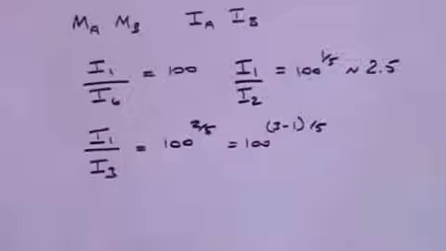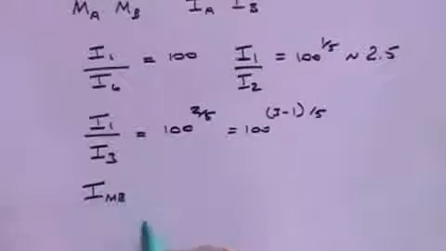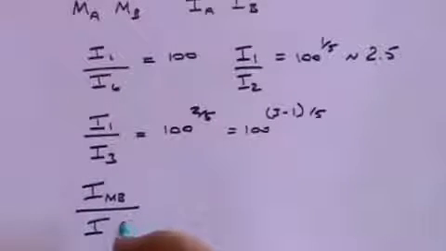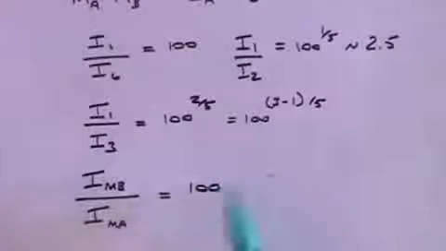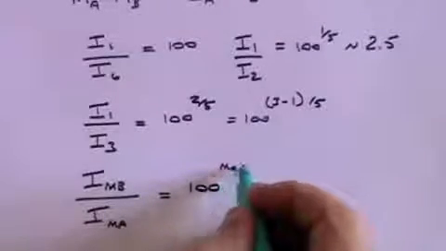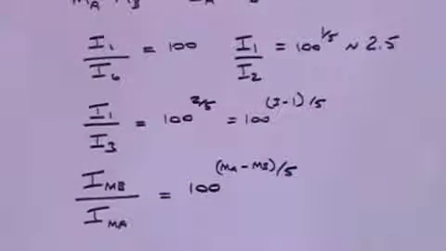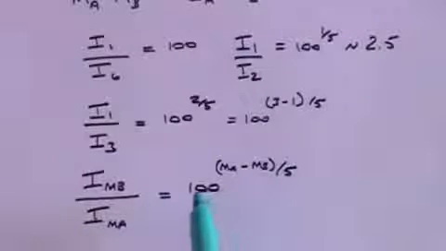So more generally, the intensity of a star that has magnitude B divided by a star which has intensity magnitude A will be 100 to the (MA minus MB) divided by 5. And that's the general formula for looking at the intensity of a star that has magnitude B divided by the intensity of a star magnitude A.